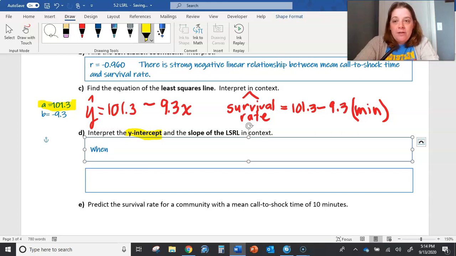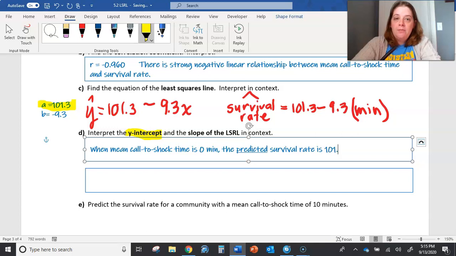Okay, when mean call to shock time is 0 minutes, when x equals 0, the predicted, that's such an important word, because not the actual survival rate, the predicted, what does the line say is going to happen? The predicted survival rate is 101.3%.